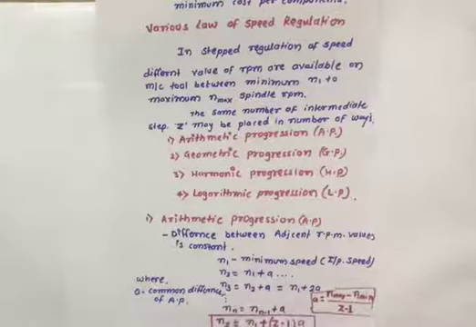The generalized formula is Nz equal to N1 plus (z minus 1) into A, where A is the arithmetic common difference. So A is equal to (N max minus N min) upon (z minus 1), where z is the number of steps, means 12 speed gearbox, 9 speed gearbox, 6 speed gearbox, like this. So z is 12, 9, 6.